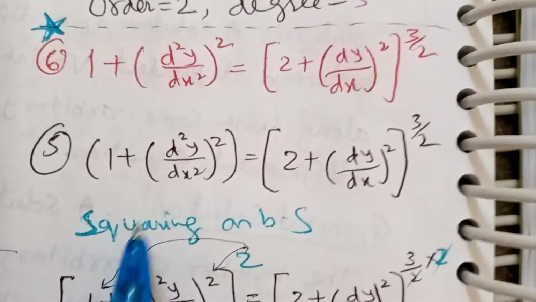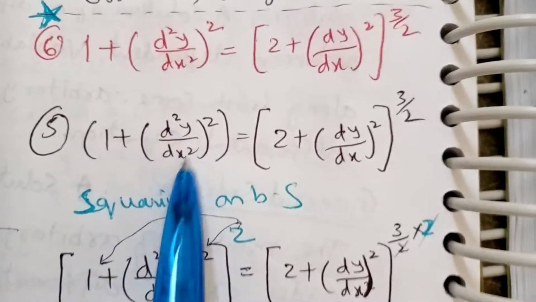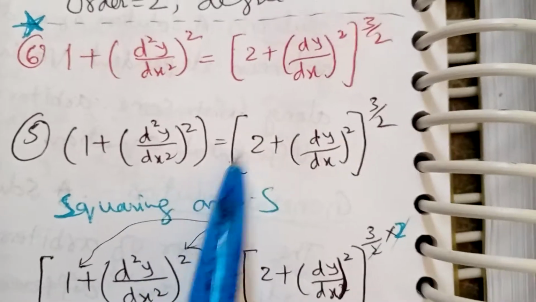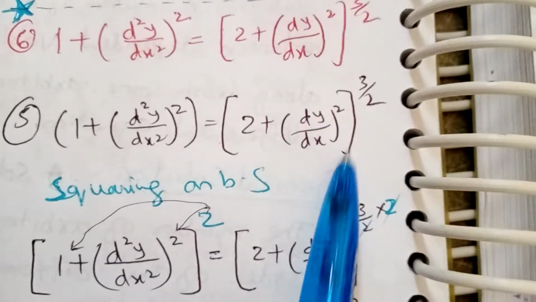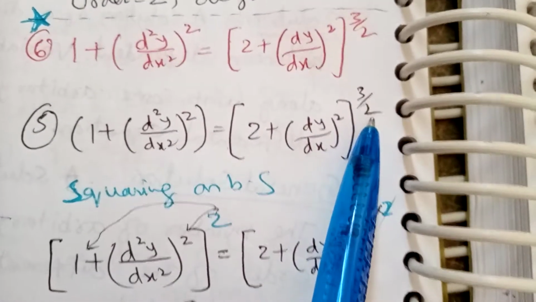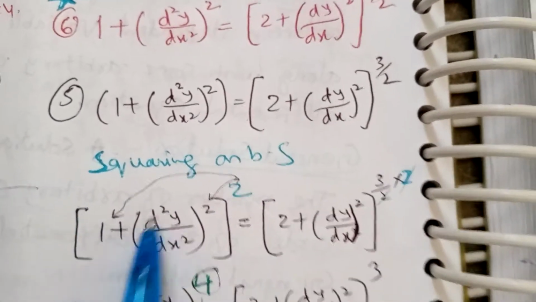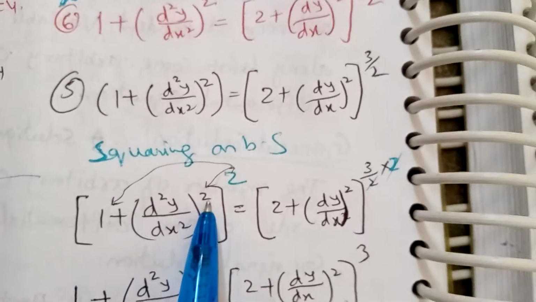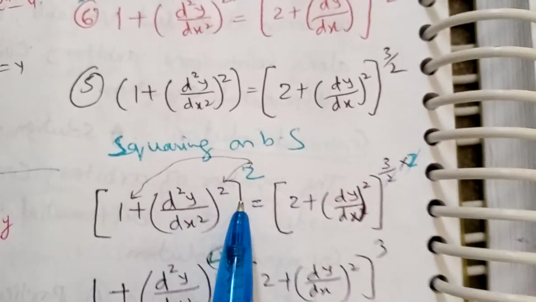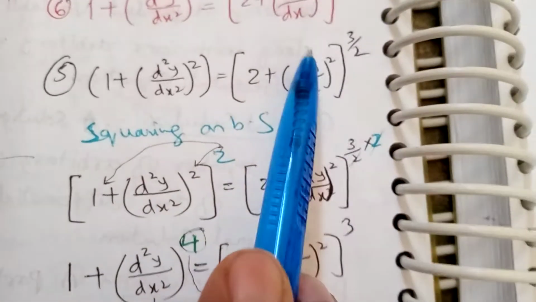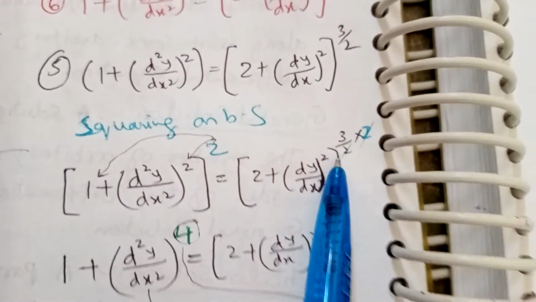Next question, (1 + d²y/dx²)² is equal to (2 + (dy/dx)²)^(3/2). So now to cancel these two, squaring on both sides. So (1 + d²y/dx²)² squared, and this is equal to square. This square root cancels.